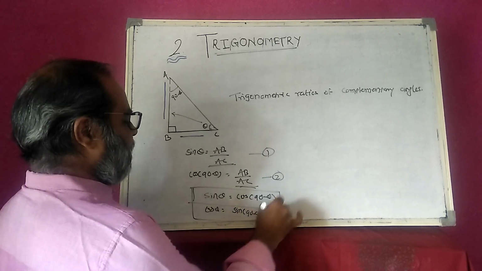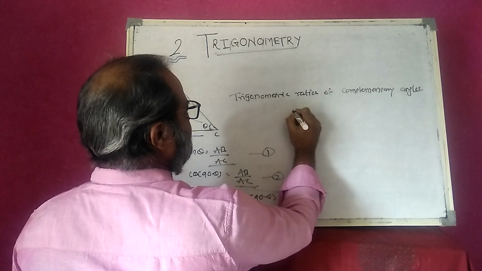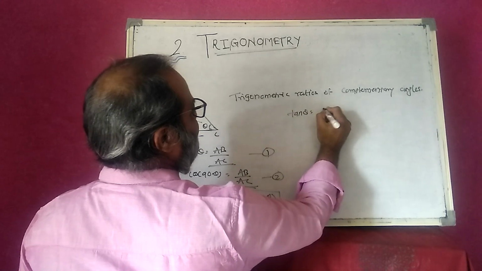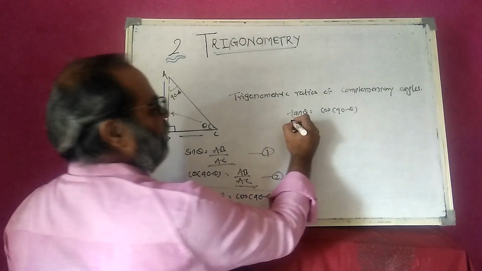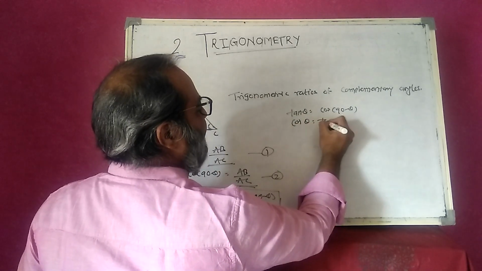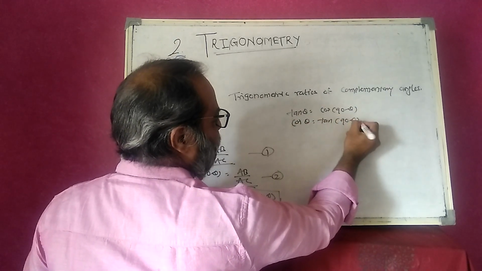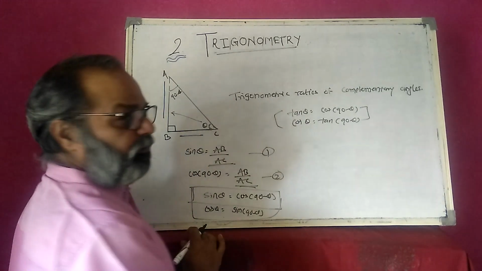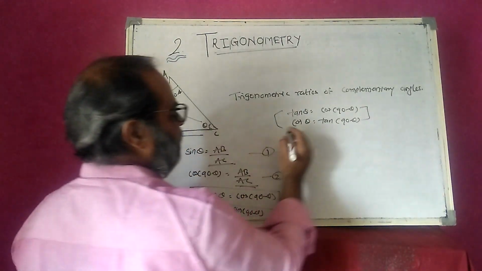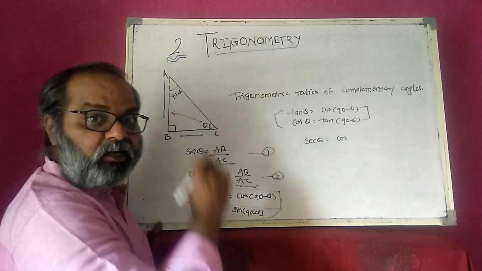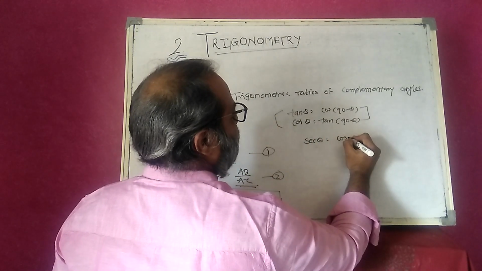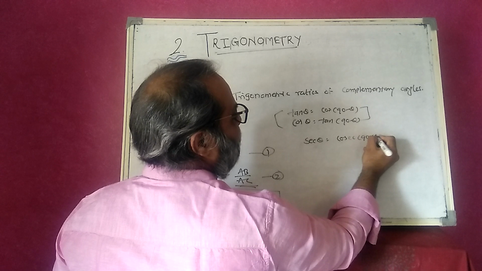Okay, so this is one pair. The second pair is tan theta. So what is tan theta? It is cot of 90 minus theta. And what is cot theta? It is tan of 90 minus theta. Okay, so this is the second pair of complementary angles. And third is sec theta. What is the complementary of sec? It is cosec. So sec theta is cosec of 90 minus theta.